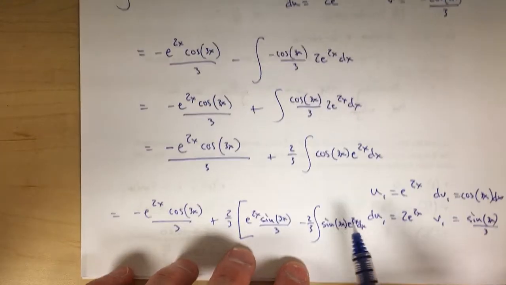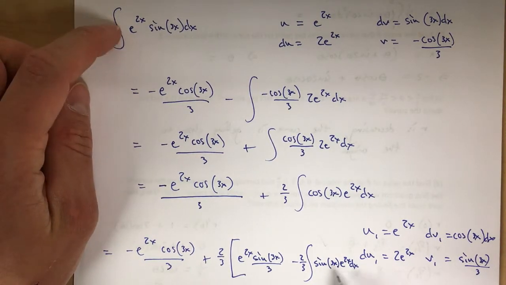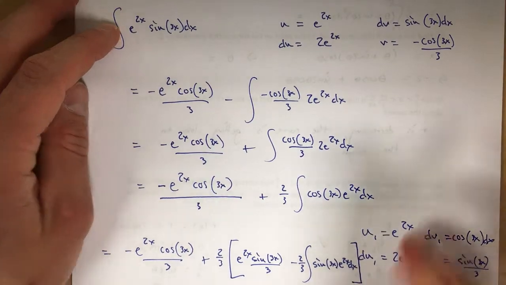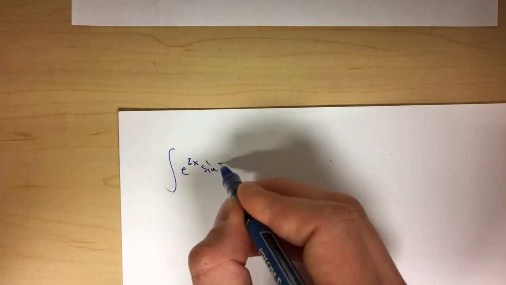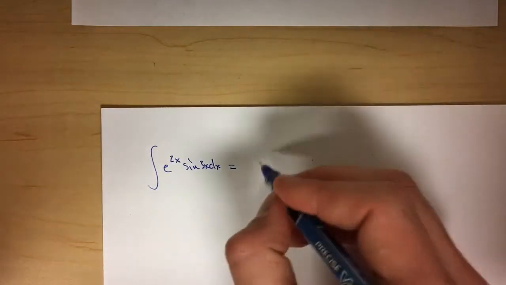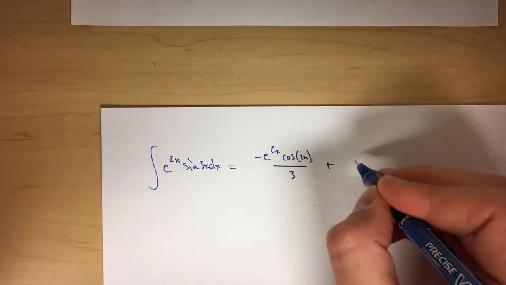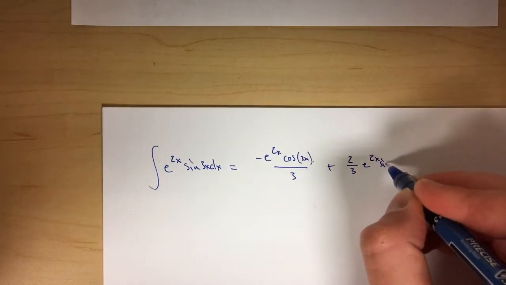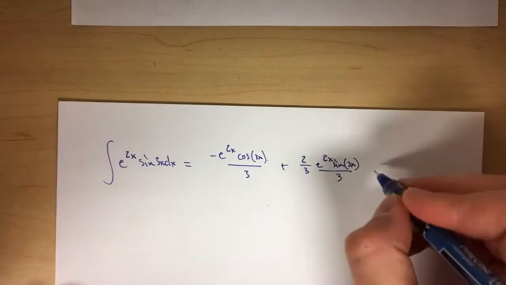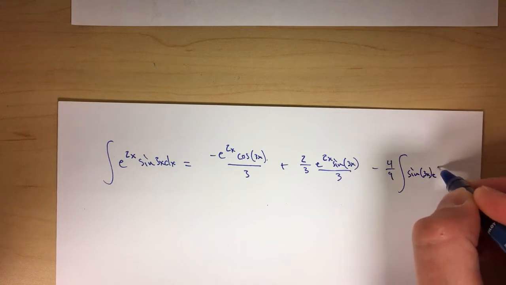Now, the really tricky thing is that this, remember, is equal to this. So this is equal to this. And this is what we're trying to solve for. And now it's on both sides of the equation. So if we were to write that whole equation out, what we would have is the antiderivative of e to the 2x sine of 3x dx is equal to negative e to the 2x cosine of 3x divided by 3 plus 2/3 e to the 2x sine of 3x all over 3 minus 4/9 integral sine of 3x e to the 2x dx.